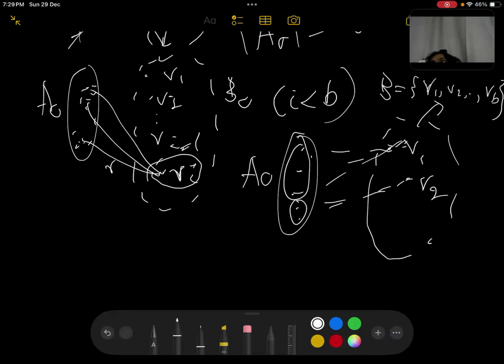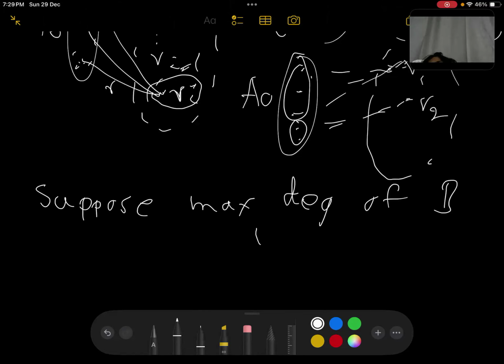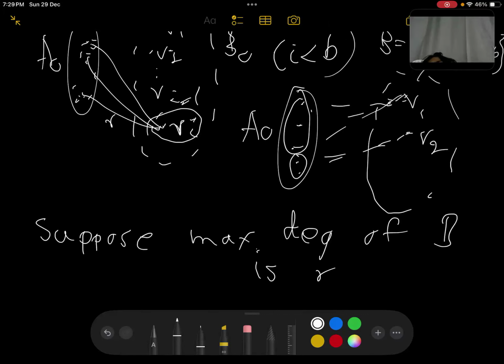So they should have a common neighbor, not in A0, and that is not V1. Right? So now we'll use some very loose bounds. Suppose the max degree of B is R, so every Vi only has R neighbors.